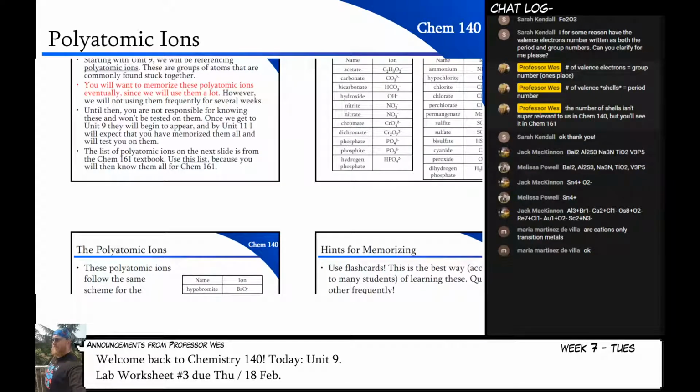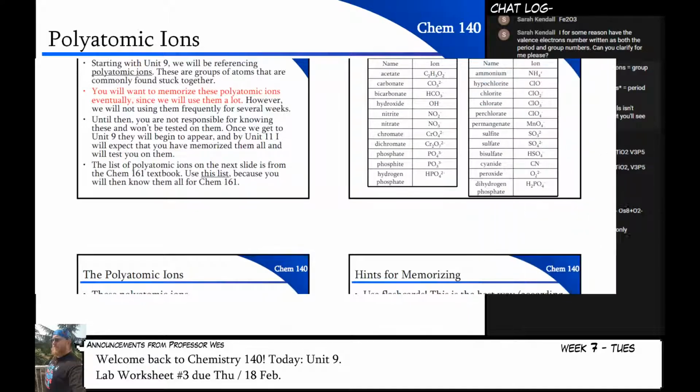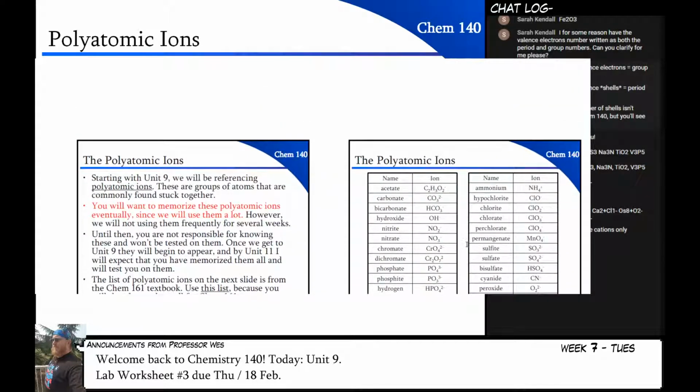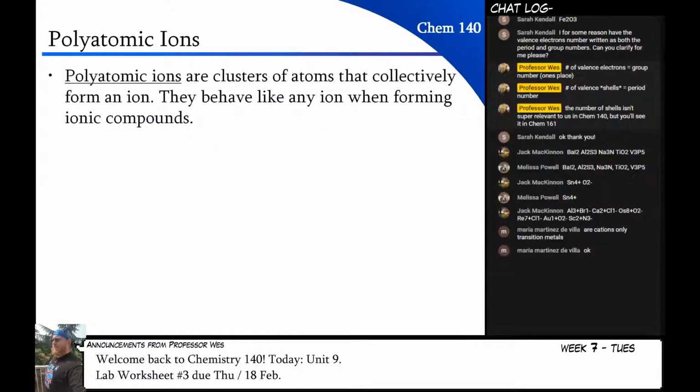So hopefully you remember this giant chart of polyatomic ions and how there was a second page of them. These are in Unit 6. You're going to want to know these, or at least have them handy to reference, because we're going to be using them.